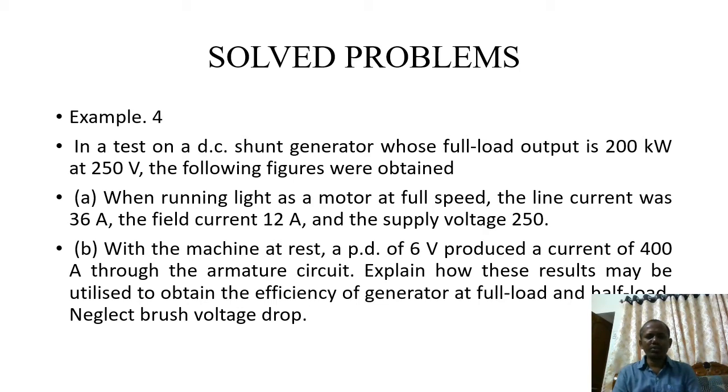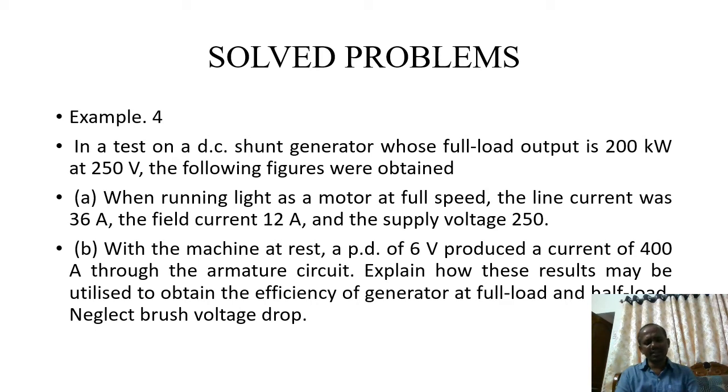So all of you know this given data. The generator, which is rotating, at full load output is 200 kilowatt. Supply voltage is 250 volt. When it is running at light load, line current is 36 ampere and field current is 12 ampere. Supply voltage is 250 volt.